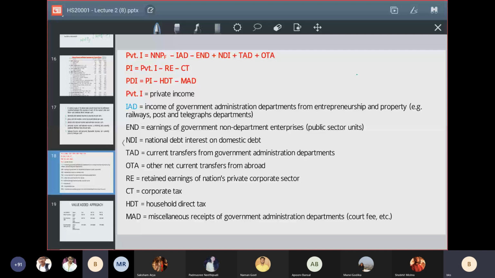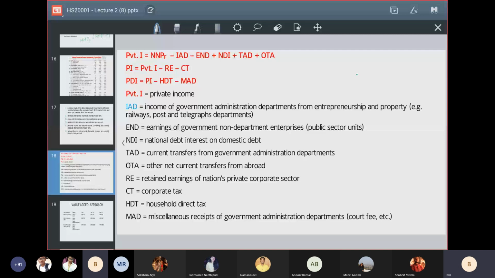Similarly, the transfer payment by the government departments, like the old age pension given to the people. The old age pension is not part of our GDP, but it is part of our private income. The transfer payment, like say in case of very many states, 500 rupees each month is given to people beyond the age of 60. Then that 500 rupees for those elderly people becomes their income.